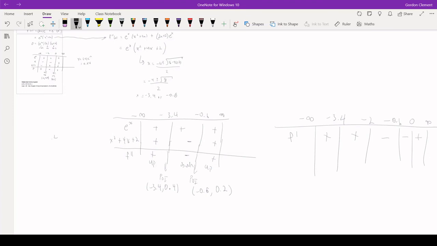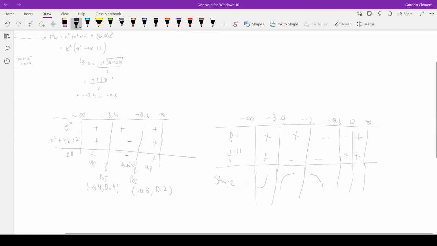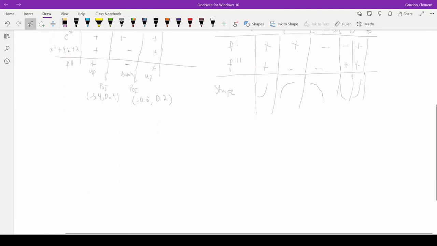Our second derivative is negative between -3.4 and 0.6, and positive outside of there. So overall, our shape is increasing concave up, increasing concave down, decreasing concave down, decreasing concave up, increasing concave up. So those are our various shapes.